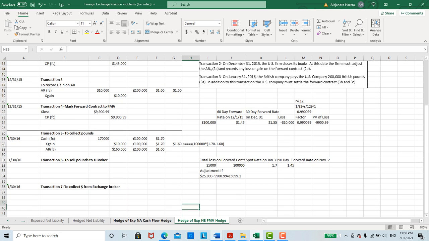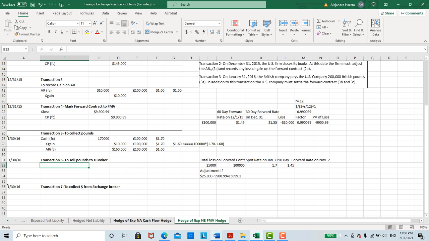Okay, now we come down here, and this transaction is where we have to sell the pounds to the exchange broker. These last two transactions kind of go together. So we've got 100,000 pounds.